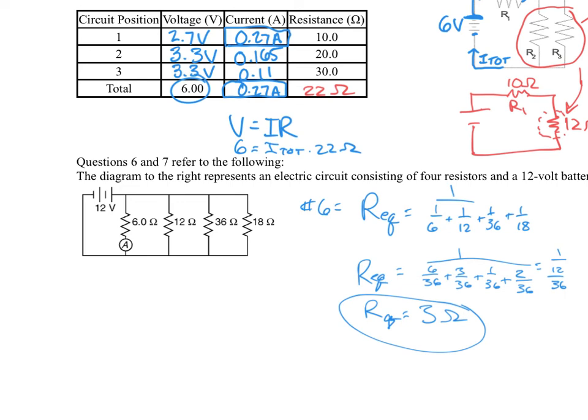To solve number 7, it relies on the voltage drop. So you see the 12 volt side of the battery, and this would be considered the 0 volt side.